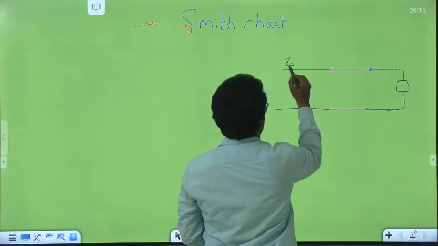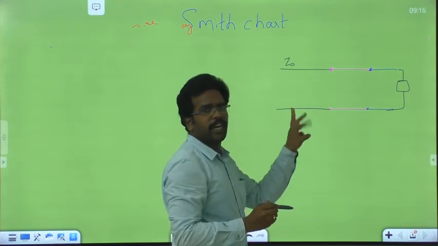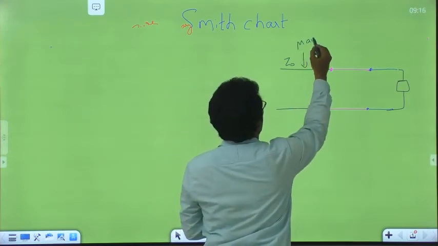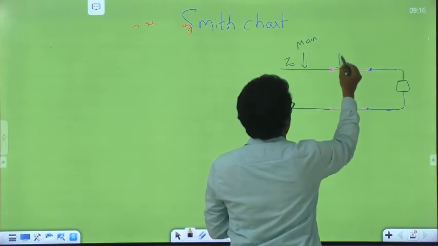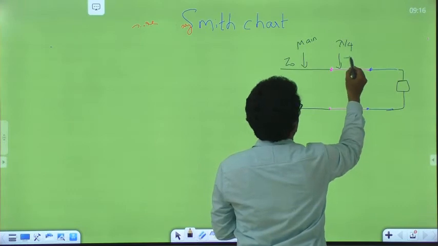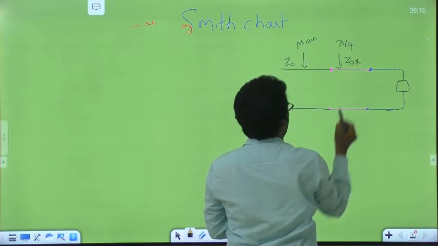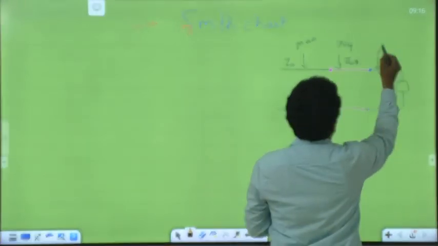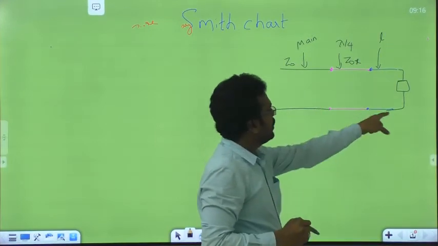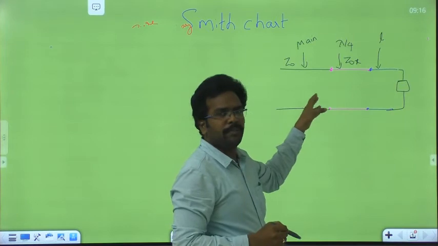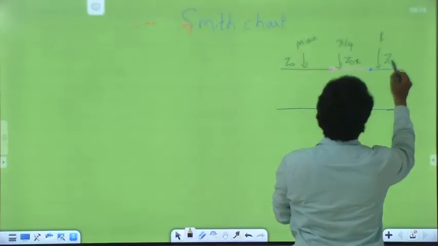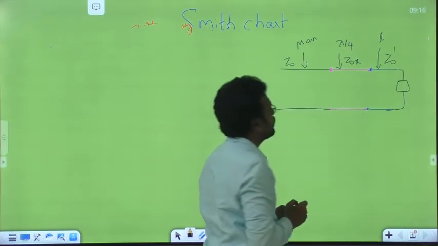So here you can see three transmission lines. One is your main transmission line, another one is the quarter transformer of length lambda by 4 with the characteristic impedance Z0X, and the third line is of some length. We don't know that length. Based upon the load impedance, we have to set the location of the quarter transformer with a different characteristic impedance.